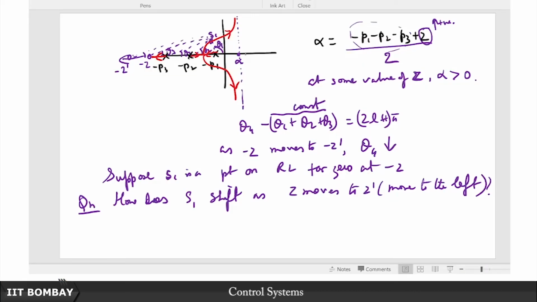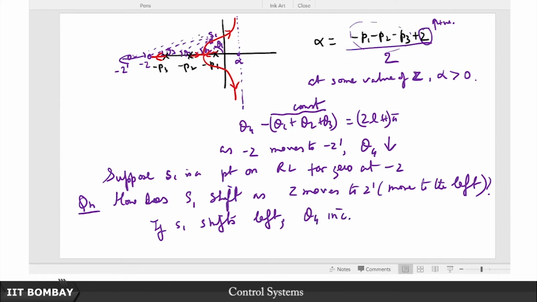So then which way should S1 shift? Should S1 shift to the right or to the left? Let's say S1 shifts to the left. Then of course theta 4 increases.